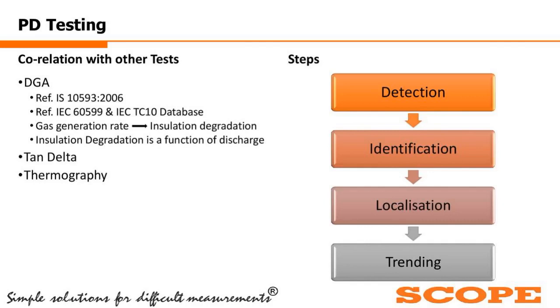Then where it is happening, that is the localization. And whether it is repeating in nature, that is nothing but the trending. So we have to consider these 4 steps in partial discharge testing.